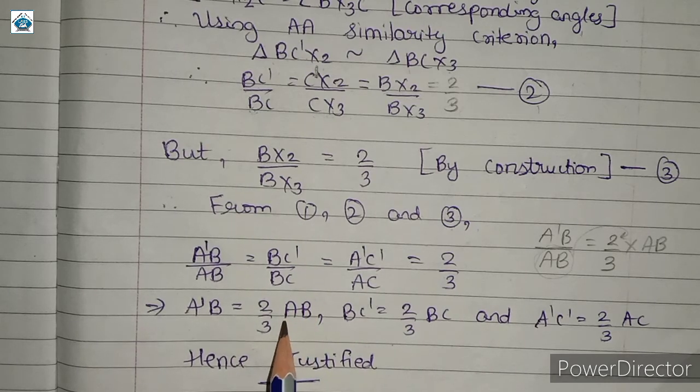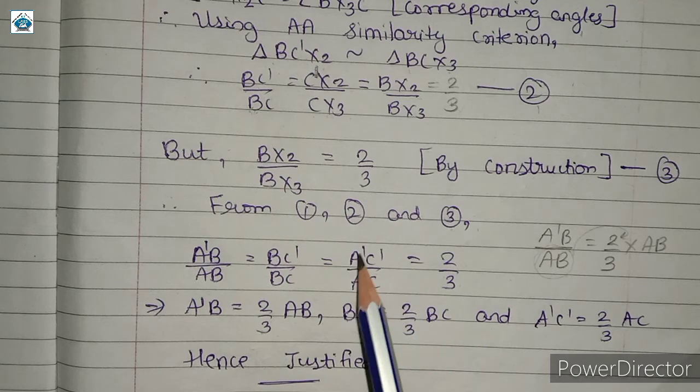Whatever the length of AB will be, its 2 by 3rd part will be equal to A dash B. In the similar manner, from this is equal to 2 by 3, we can say that BC dash is equal to 2 by 3 BC and A dash C dash will be equal to 2 by 3 AC. So that is what we had to prove. We were told to construct a triangle which is 2 by 3rd of the first triangle. So here our construction is justified.